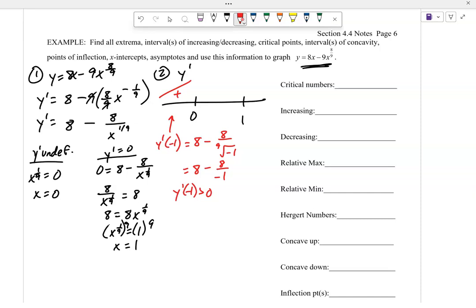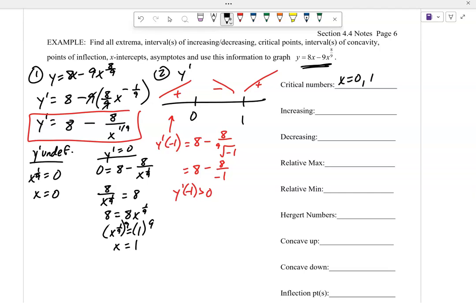I'd probably do it with my scientific calculator, but throw in y prime of 1/2, and you'll see that that thing is decreasing. Right? You just do it with a decimal. You can throw in 2 over here, and you'll see in your scientific calculator, again, I'm plugging it into the first derivative, that that is positive there. So our critical numbers were 0 and 1.